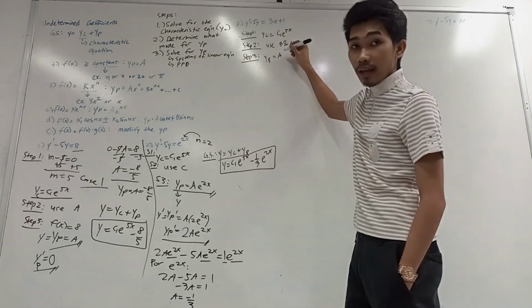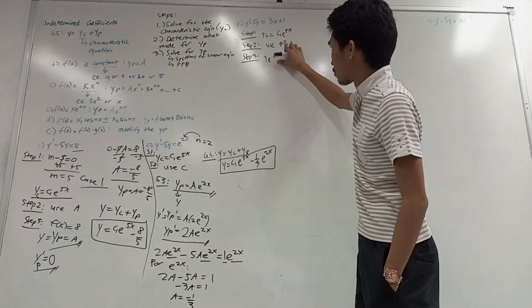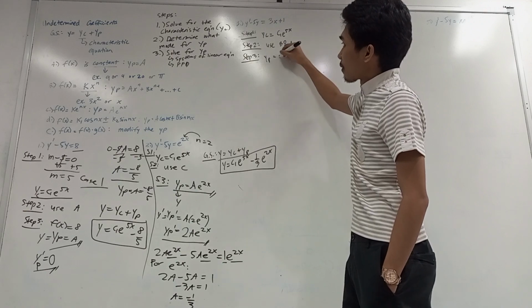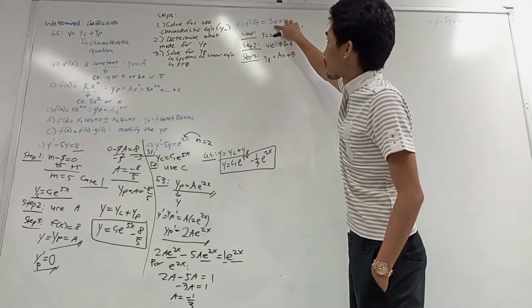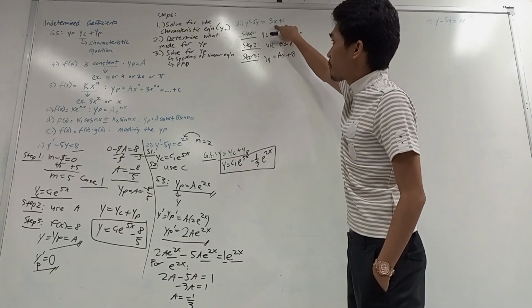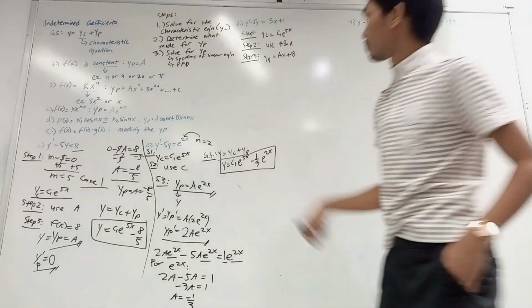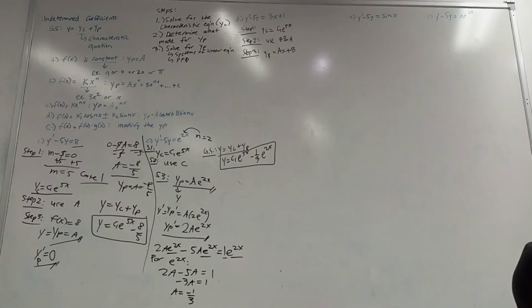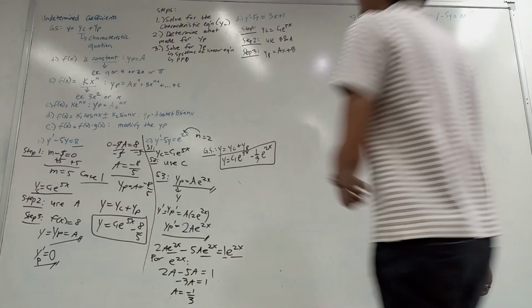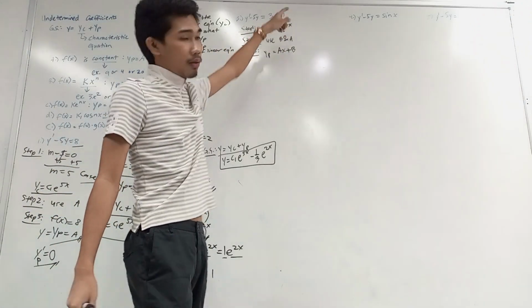So, A times x plus B. Makita mo natin na ang Ax is para sa 3x and then yung 1 is para sa B. So, again, Ax is sa 3x and then yung B is sa 1.